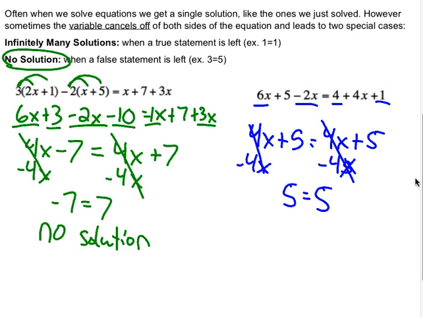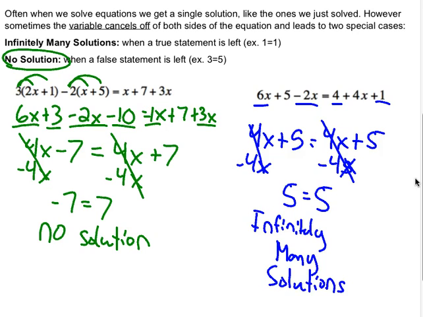So we call that infinitely many solutions. Any x that you pick would make a true solution, would make it work. So this one has an infinite amount of solutions.